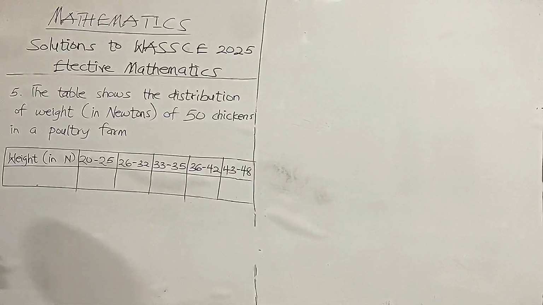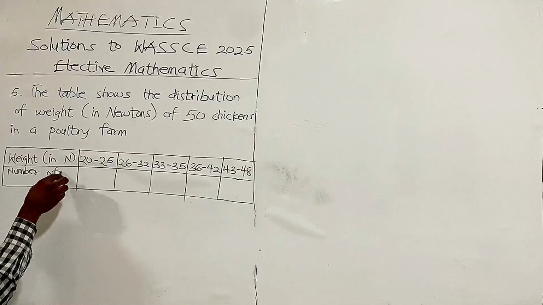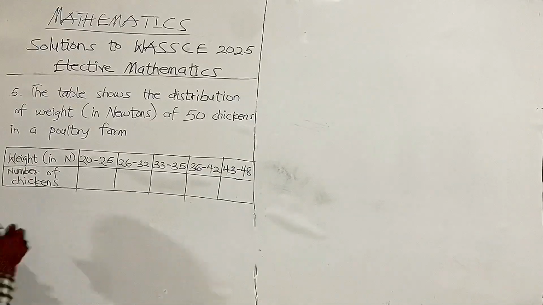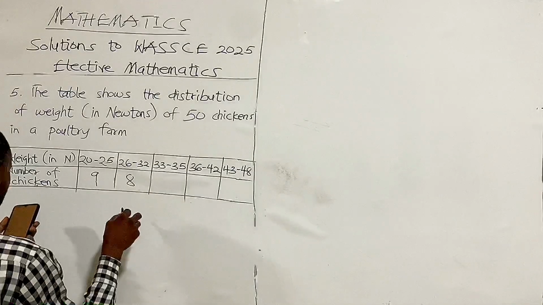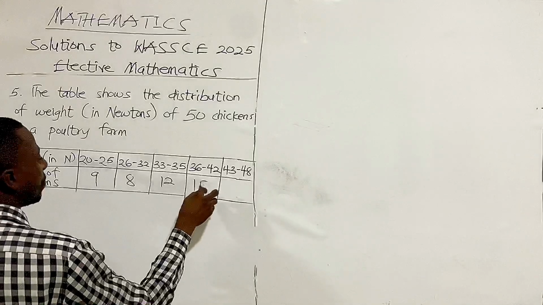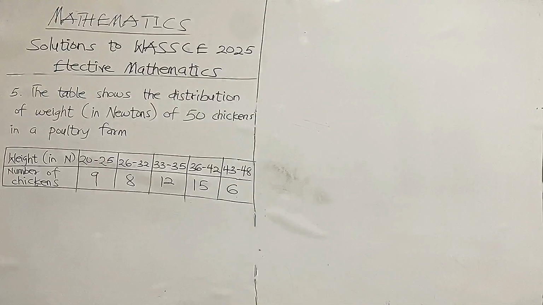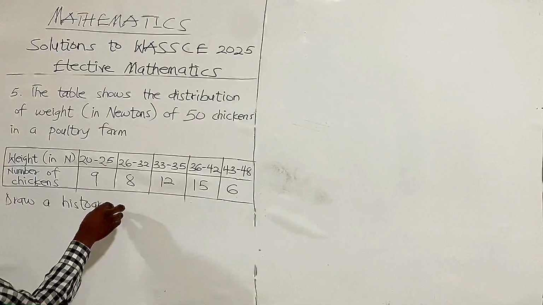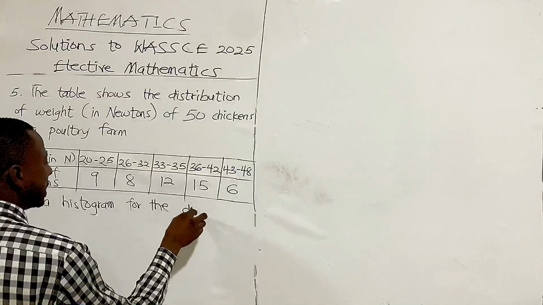Then we have number of chickens: 9, 8, 12, 15, and 6. And the question that follows is, draw a histogram for the distribution.